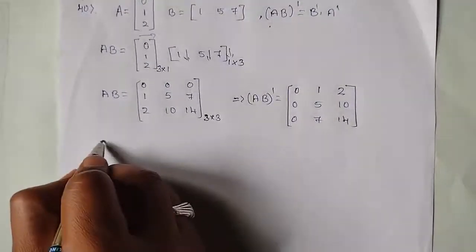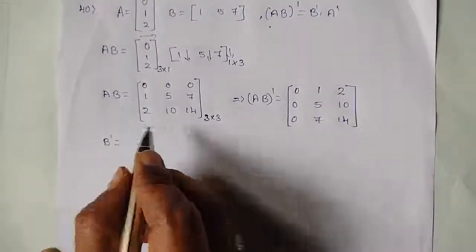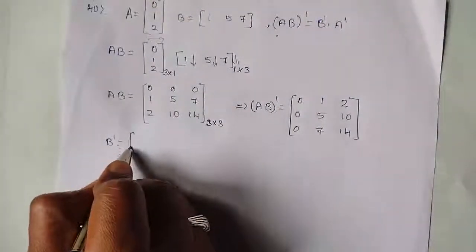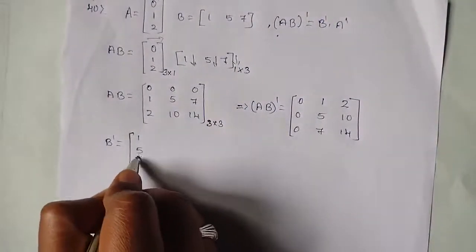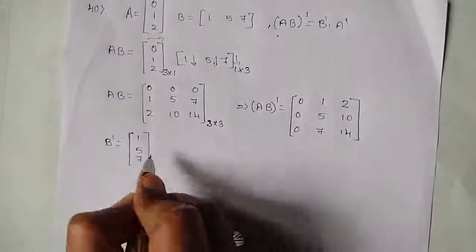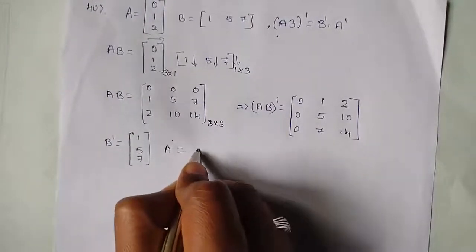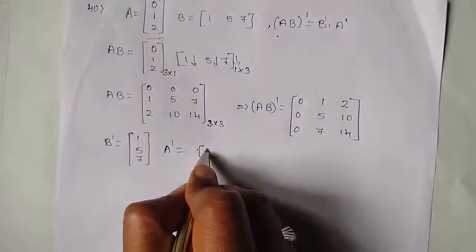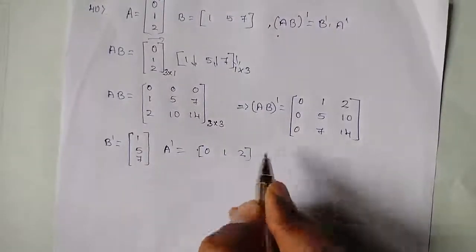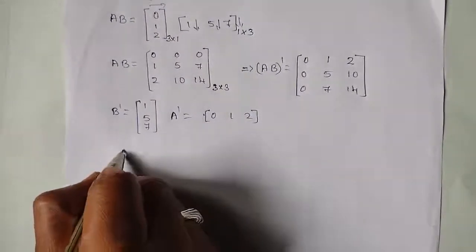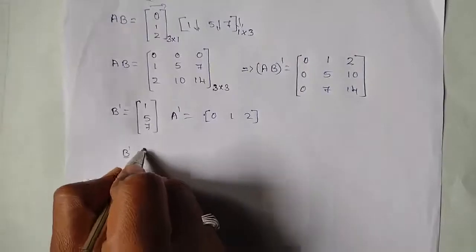B dash means changing rows into columns: 1, 5, 7 written as a column. And A dash means 0, 1, 2 written as a row. Then multiply B dash and A dash.